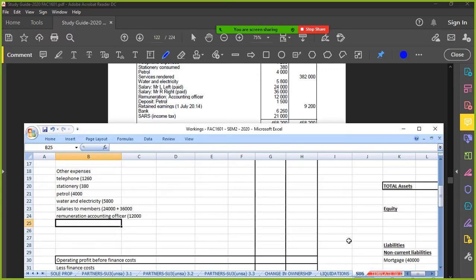Deposit petrol. I think it's an expense. It can't be an expense because it's a deposit. What is a deposit?